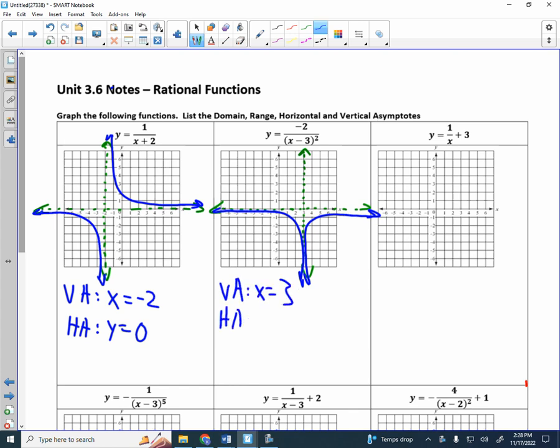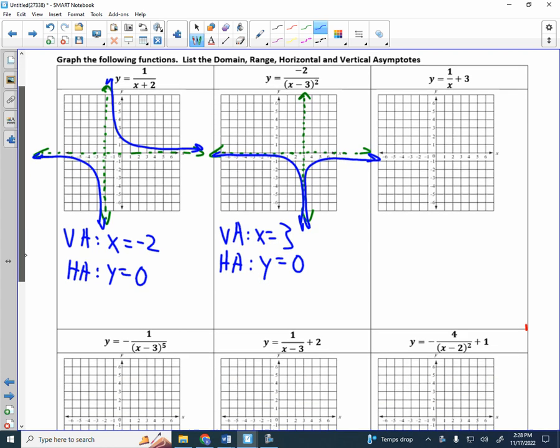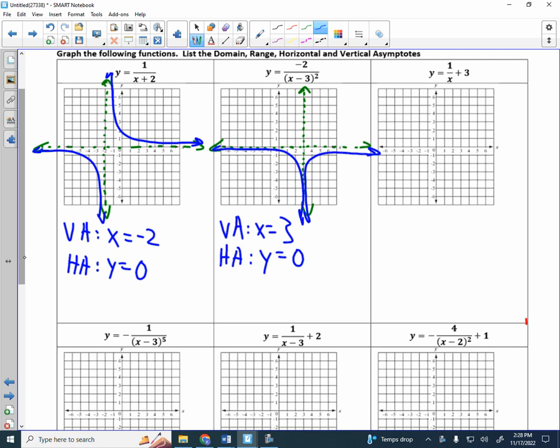And the horizontal asymptote is y is equal to 0 still. So we're going to do something a little bit different from this, but this is to help you just have a kind of a reference for what we're going to do. I want you to do this one right now, and I want you to do this one right now. Please do those two, okay? Do those two.